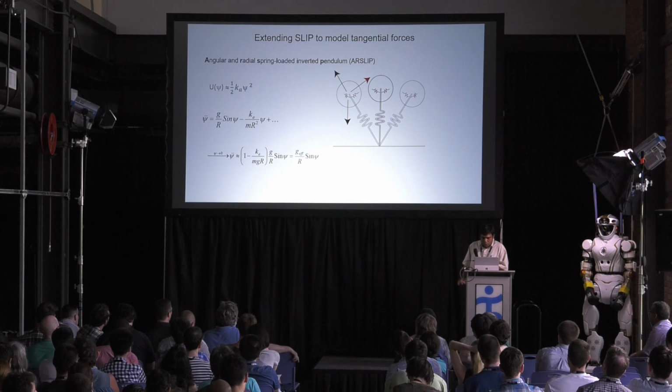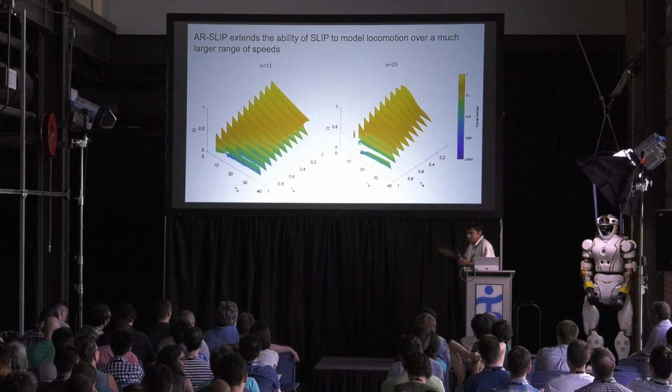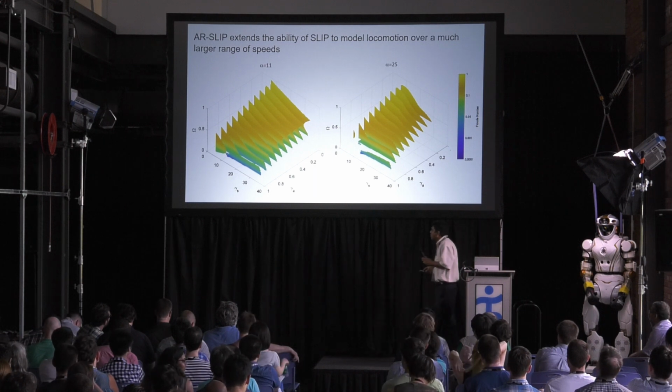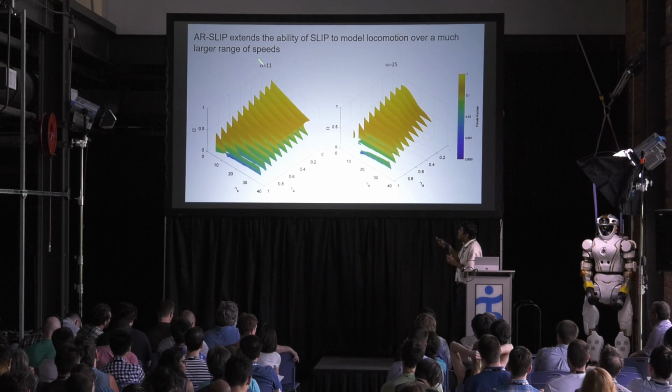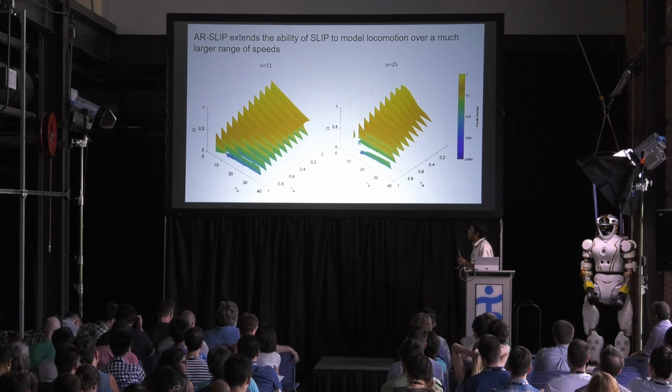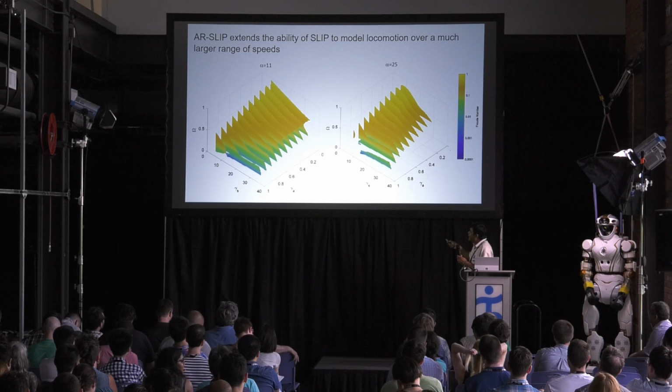All right. So does this work? We did the non-dimensional gait space analysis for AR slip, which now has just one extra parameter, this gamma A. These are for two different angles, alpha equal to 11 and alpha equal to 25, that I've been using for this talk. What you see here is that if gamma A is 0, which is basically slip, it is challenged at the lower end.